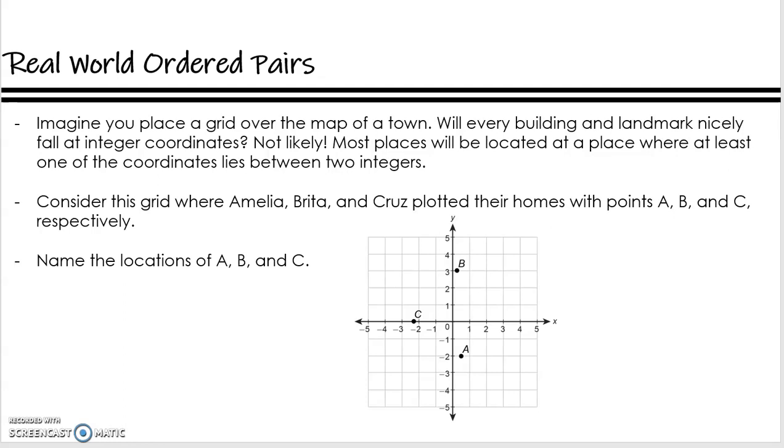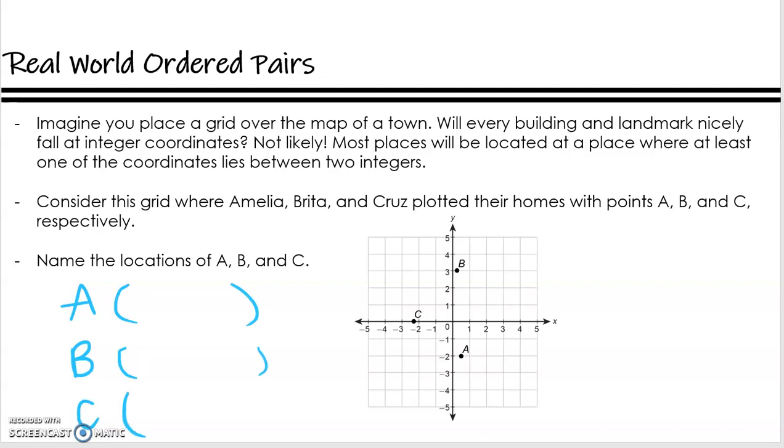So consider this grid where Amelia, Britta, and Cruz plotted their homes with points A, B, and C. Name their locations. Can you just estimate where you think Amelia, Britta, and Cruz are located?